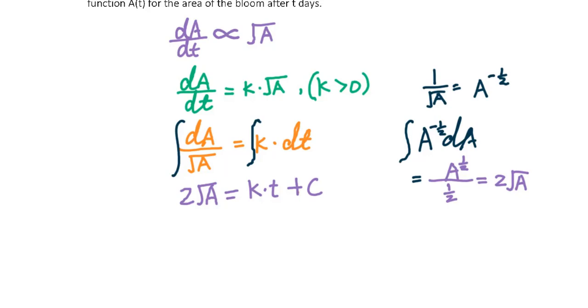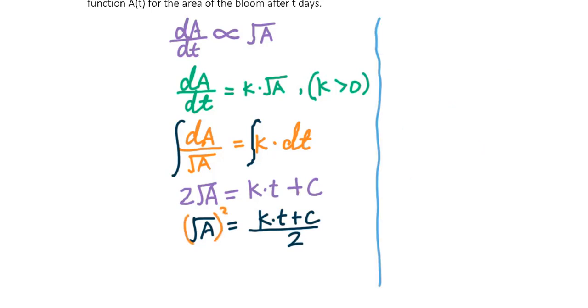Divided by 2 both sides, you get the square root of A equals k times t plus c over 2. Square both sides, you get A equals (k times t over 2 plus c over 2) squared.